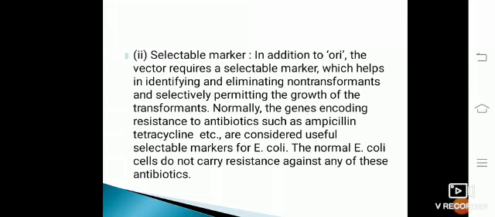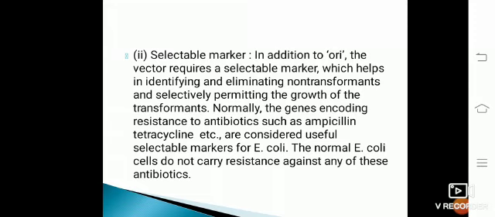What is transformation? Transformation is a process through which a piece of DNA is introduced into a host bacterium. Generally, genes encoding resistance to antibiotics such as tetracycline resistance and ampicillin resistance, and some others like kanamycin and chloramphenicol, are useful selectable markers.